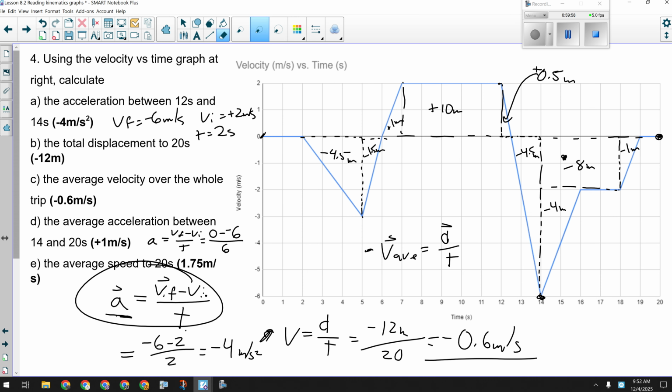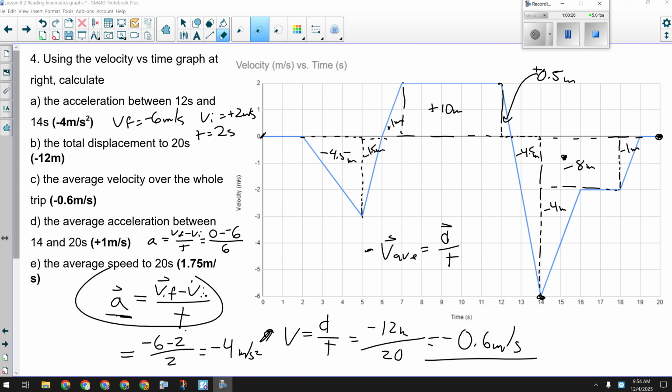Average speed to 20 seconds. Once again, you have done most of the heavy lifting for that. Just one little thing you need to change. Is average speed still total distance divided by total time? So what do I do different than what I did in part C?